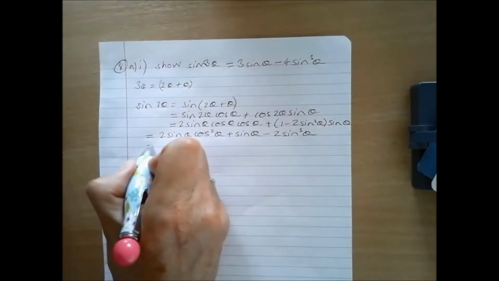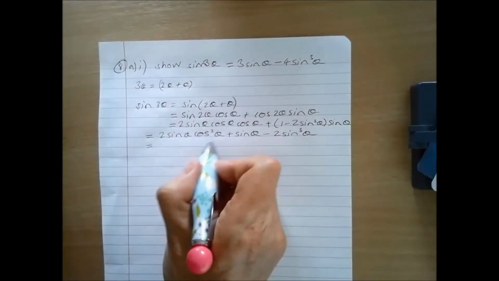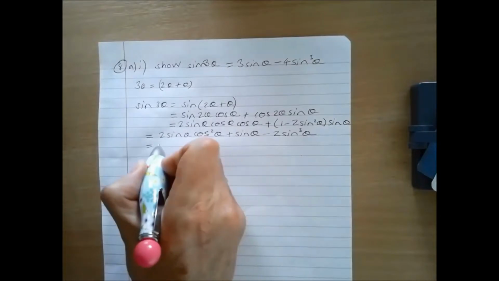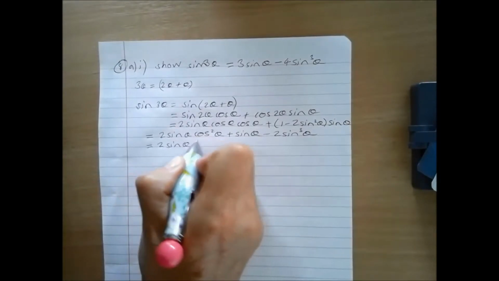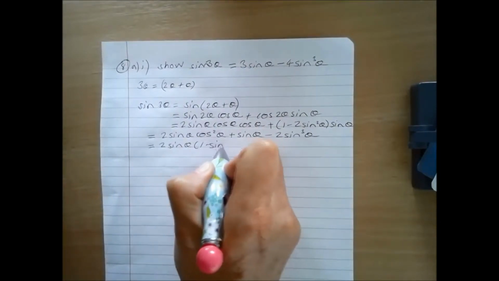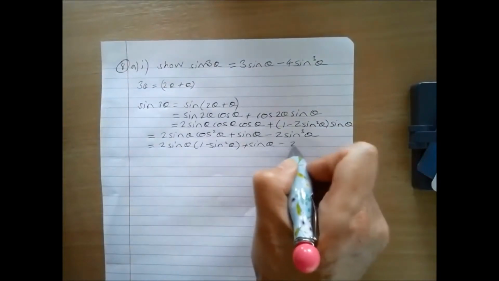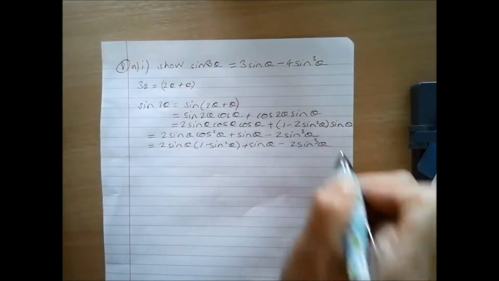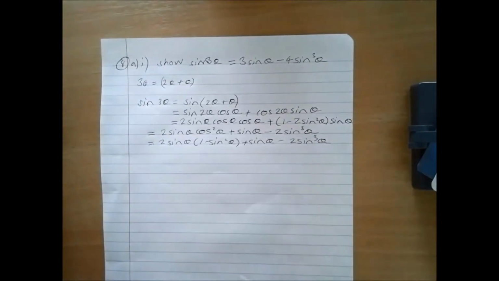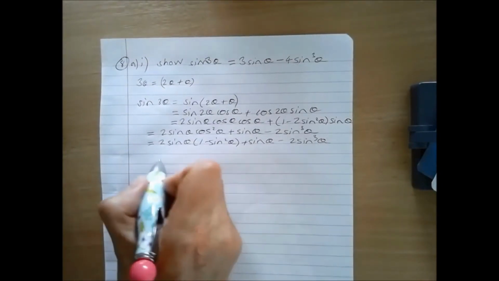Okay, so I want it in terms of only sines, so I'm going to have to express cos squared as 1 minus sine squared. And then expand 2 sine theta here.